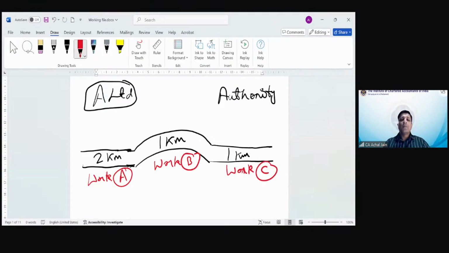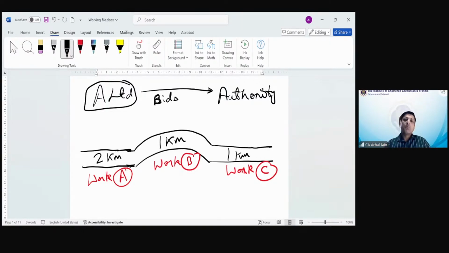Now, the authority has invited bids. So various parties will submit bids, including A Limited, for these contracts.